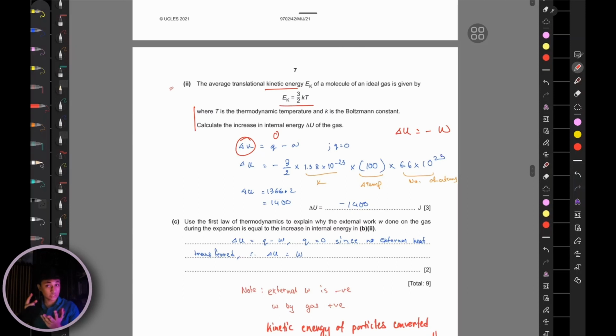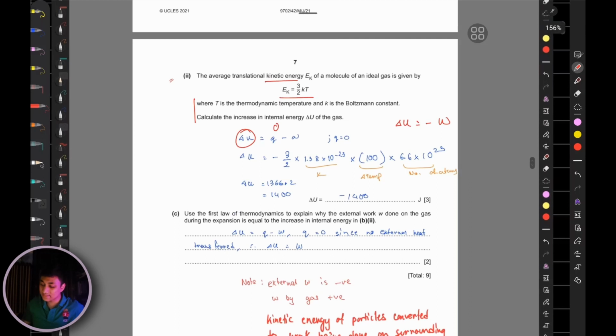In this case, we do see a decrease in internal energy, and that is due to the fact that temperature has decreased. That means that the gas molecules have lost their kinetic energy. Therefore, that translational kinetic energy was changed into work being done on the system, right?